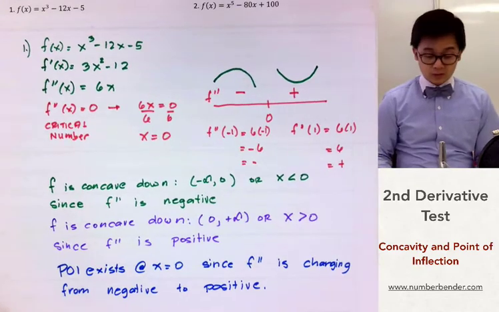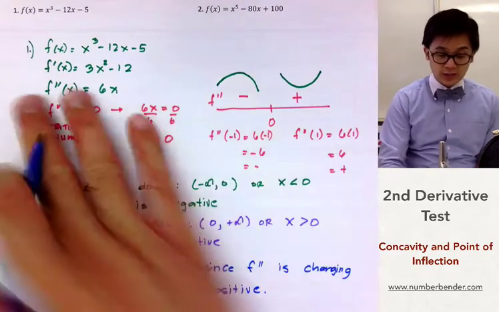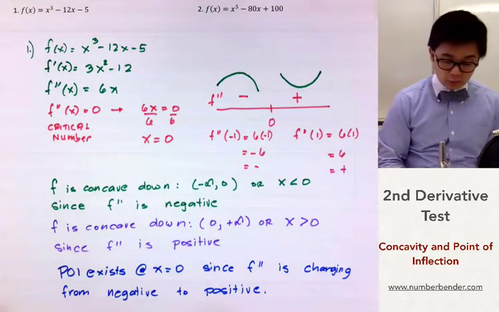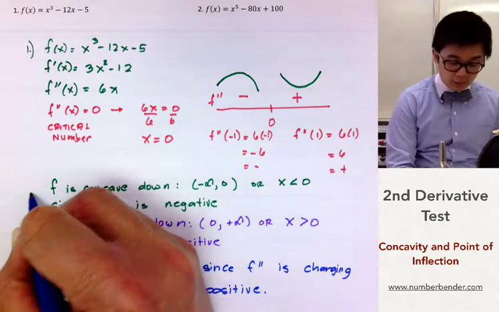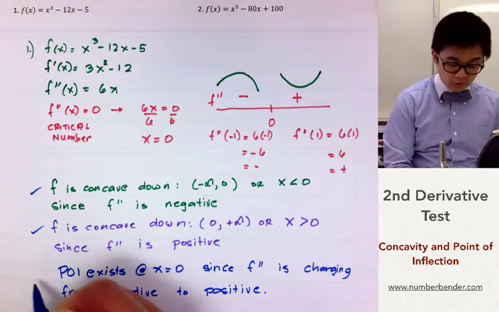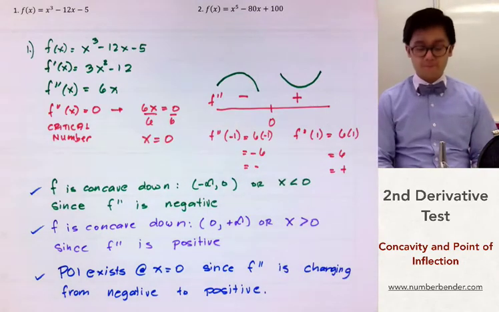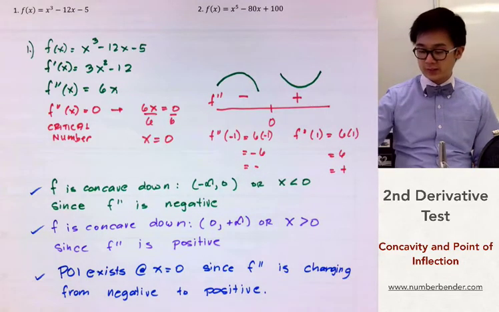So this is now our analysis for function f of x using the second derivative, and we're able to identify where the concavity of the function f is, and also if the point of inflection exists in a given function using the second derivative test.